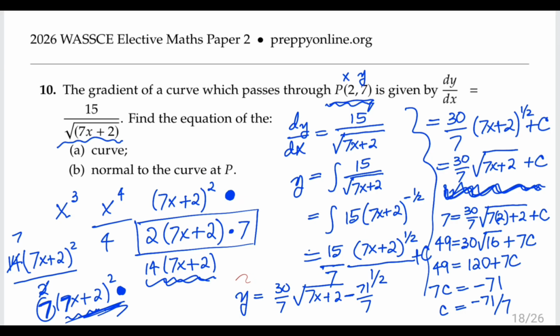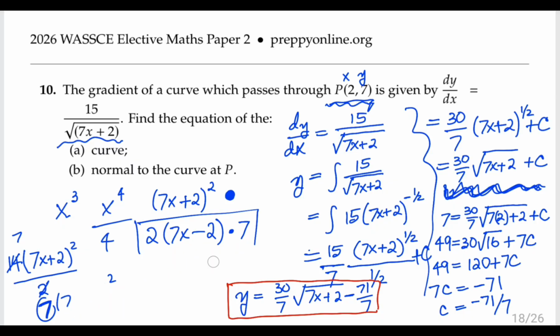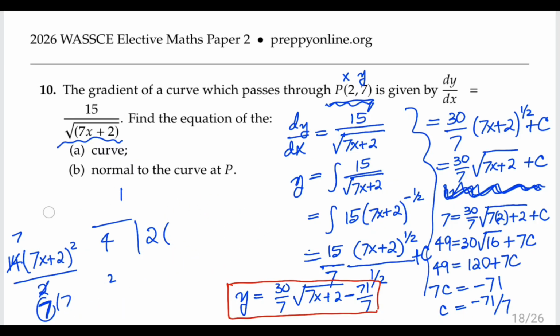Let me put a red box around that so that it's clear what our answer is. So having found that that's the equation of the curve, we are now being asked to find the normal to the curve at P. So what is the normal? The normal is that line that is perpendicular to the tangent.